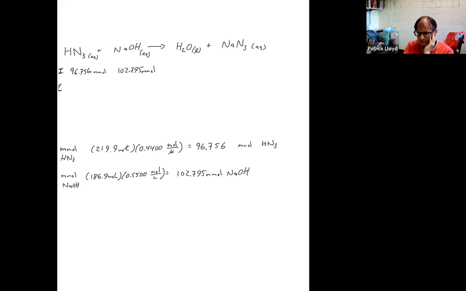So the HN3 has around 97 millimoles. The NaOH has around 103. So there's more of the sodium hydroxide. So here's what happens. They react with each other until the limiting reactant runs out, which is the HN3. So they both go down by the same amount.